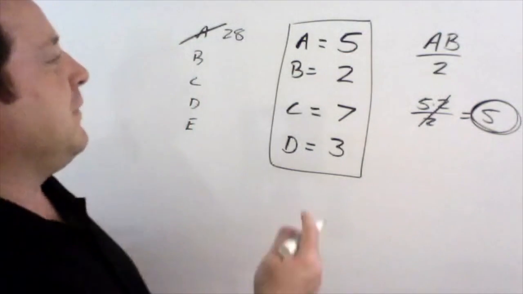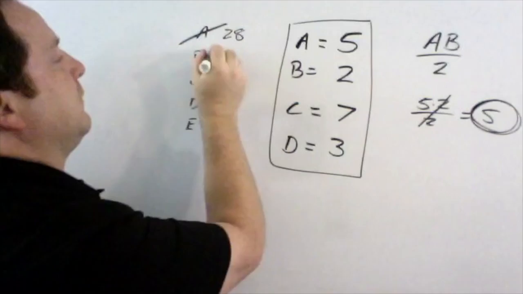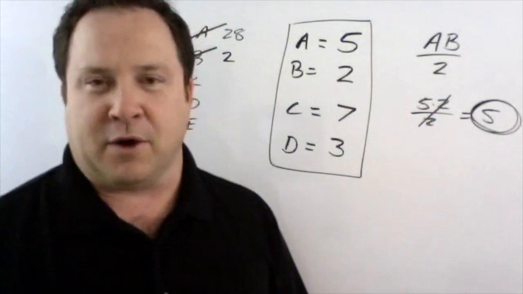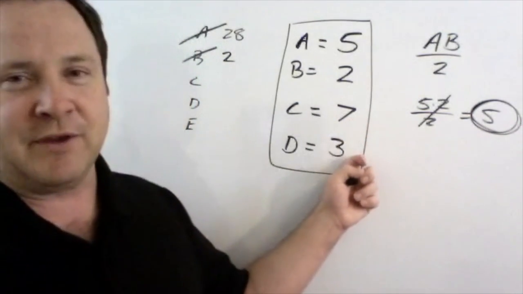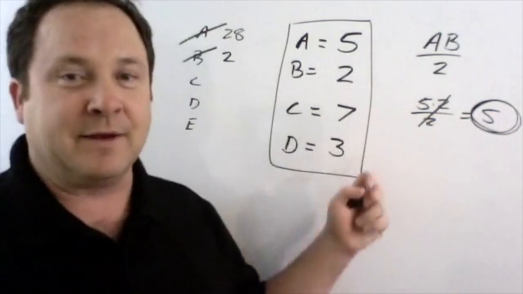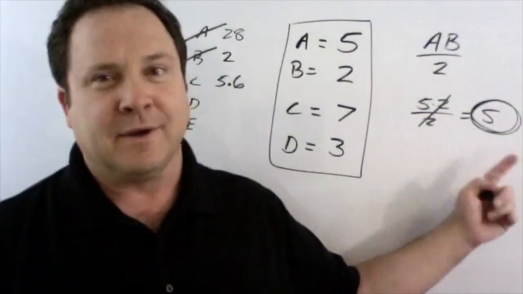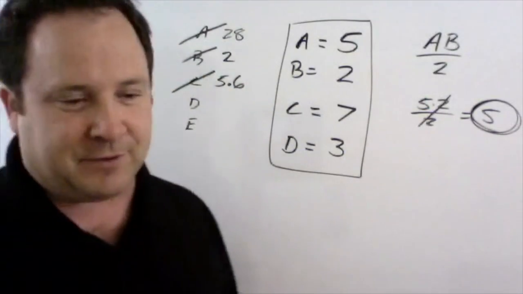B is c minus d over 2, so 7 minus 3 is 4 over 2 is 2, but not 5. On to C. c squared plus d squared over c plus d. That'll be 49 plus 9 over 10, which is 5.6. That was close, but this is not about close. This is going to give us an exact result, so not the right answer.